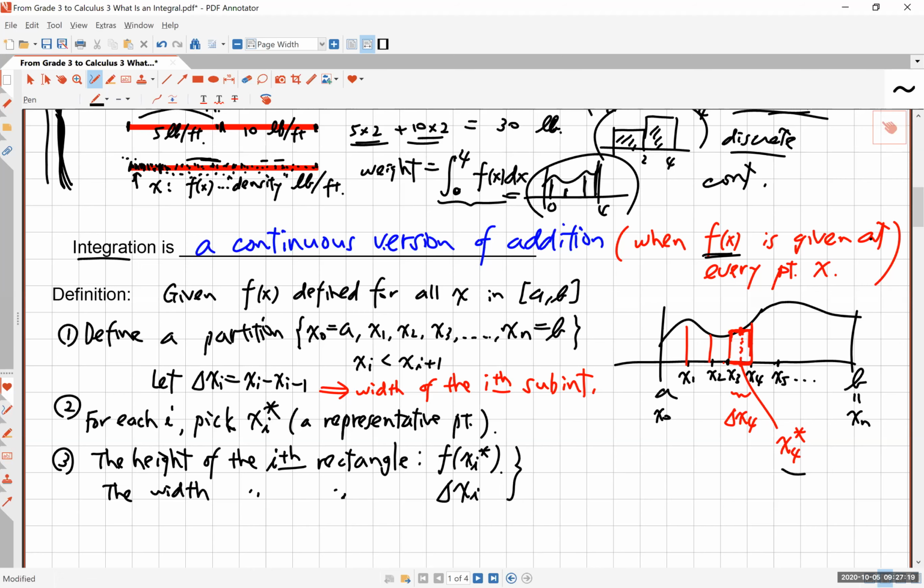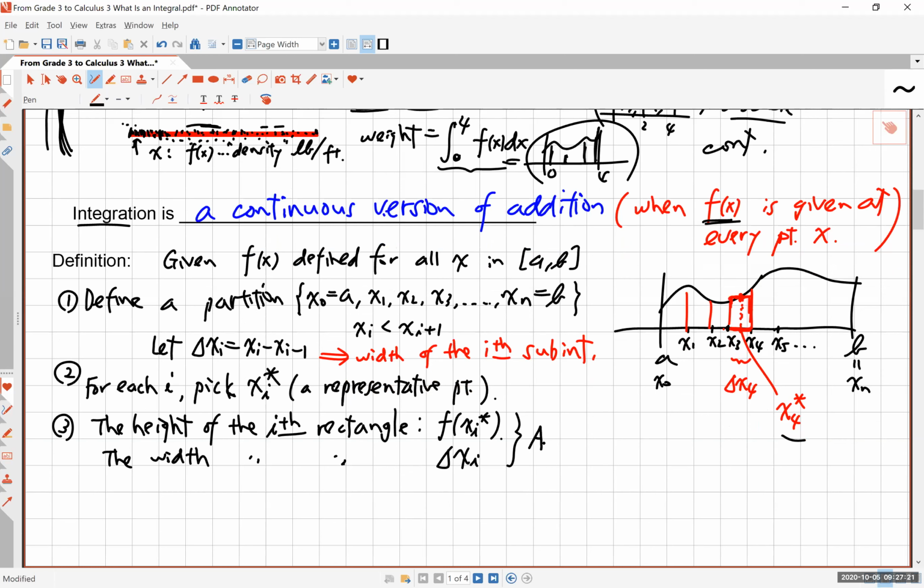So we can let area i, Ai, be f of xi star times delta xi. This is the area of the ith rectangle.